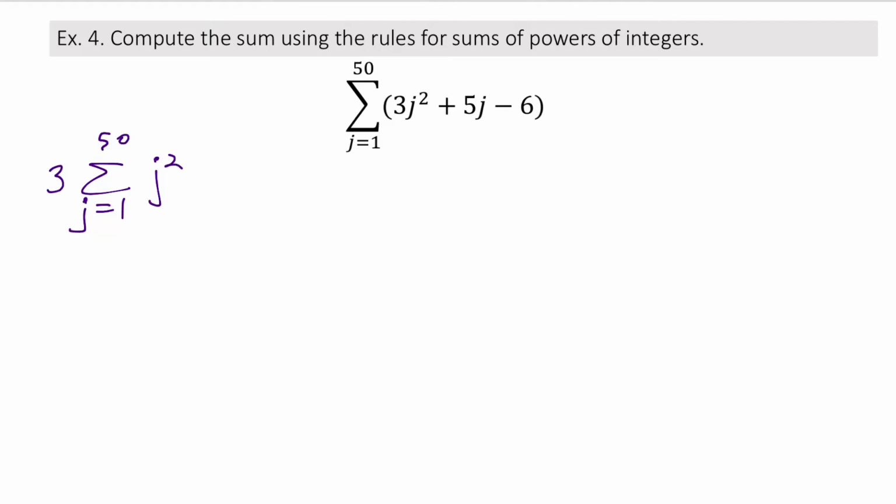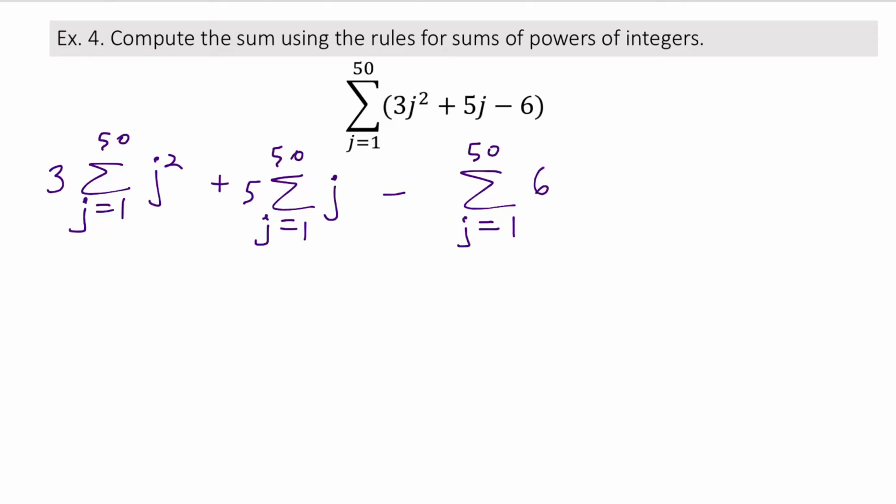So that's an integer squared. Then the sum from j equals 1 to 50, with the constant out front, of the integer to the first power, and then minus the sum from j equals 1 to 50 of 6.